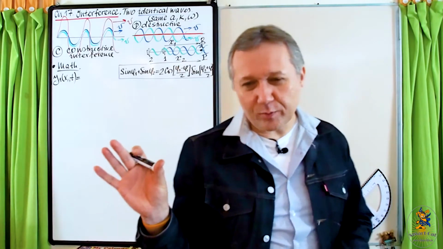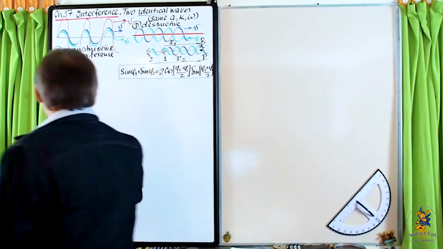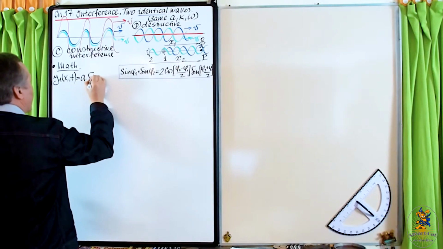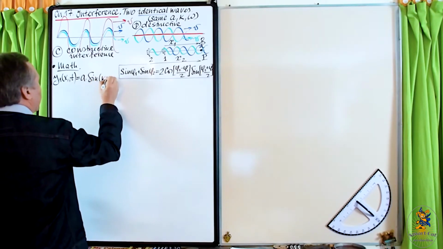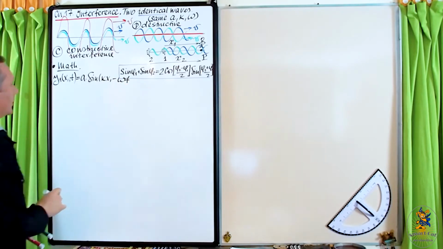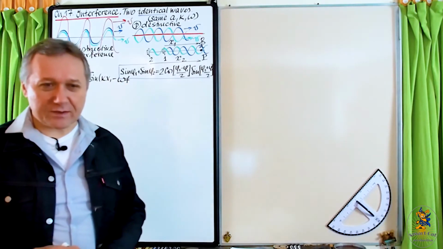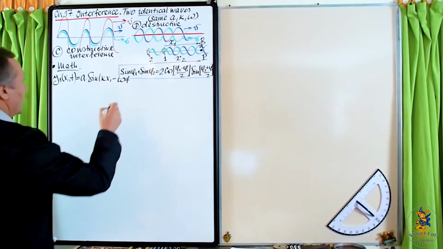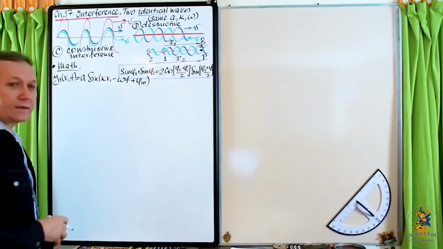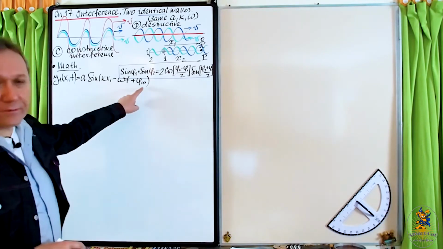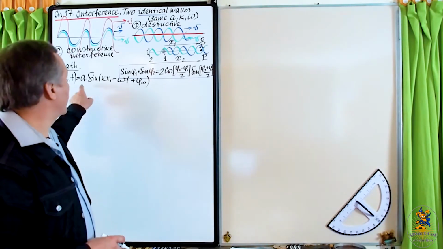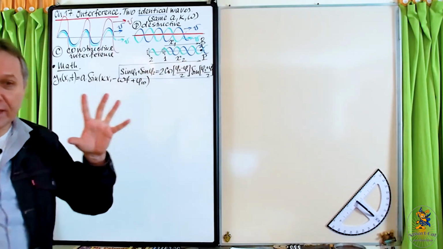You will see in a few minutes why. It's not a crime. All right, so a, and then sine kx1 minus omega t, and plus initial phase phi 1,0. Right? So that's the disturbance created at this point by the first source.